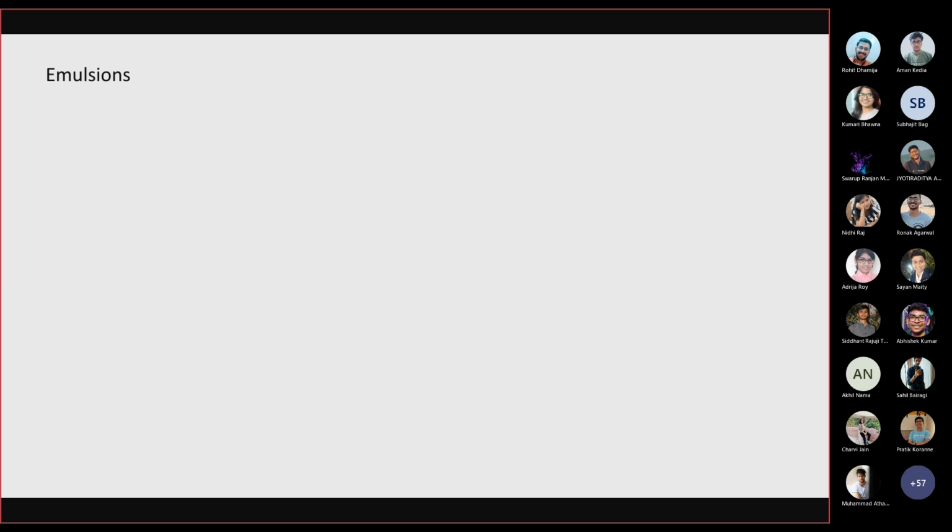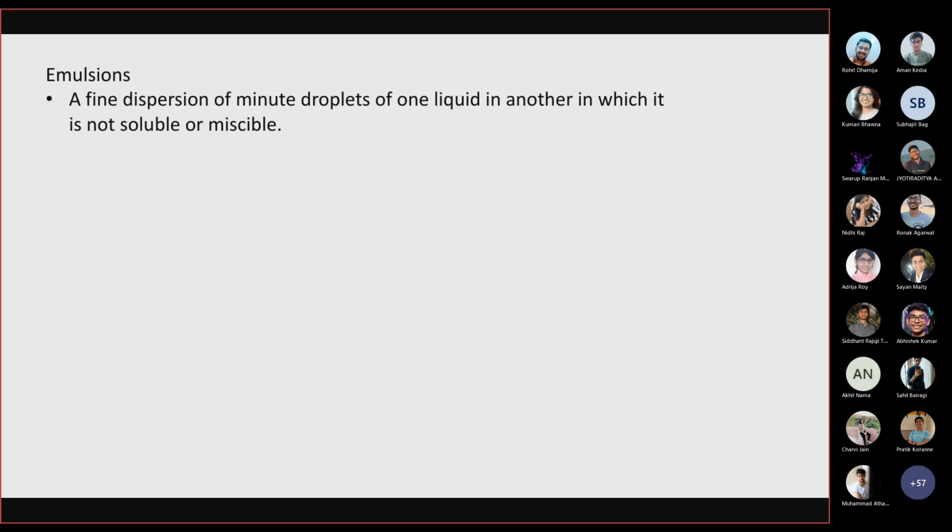Sometimes these immiscible liquids, for example oil in water, can be formed as emulsions. By definition, an emulsion is a fine dispersion of minute droplets of one liquid dispersed in another liquid, and the other liquid is immiscible.